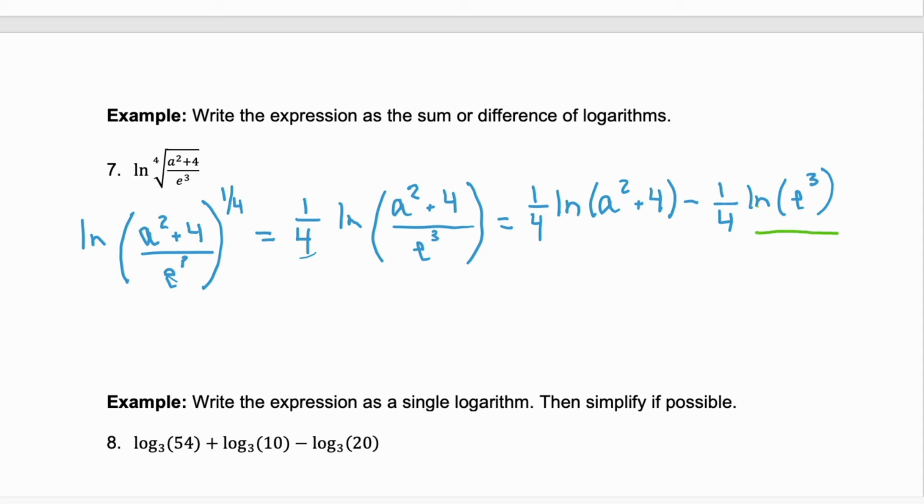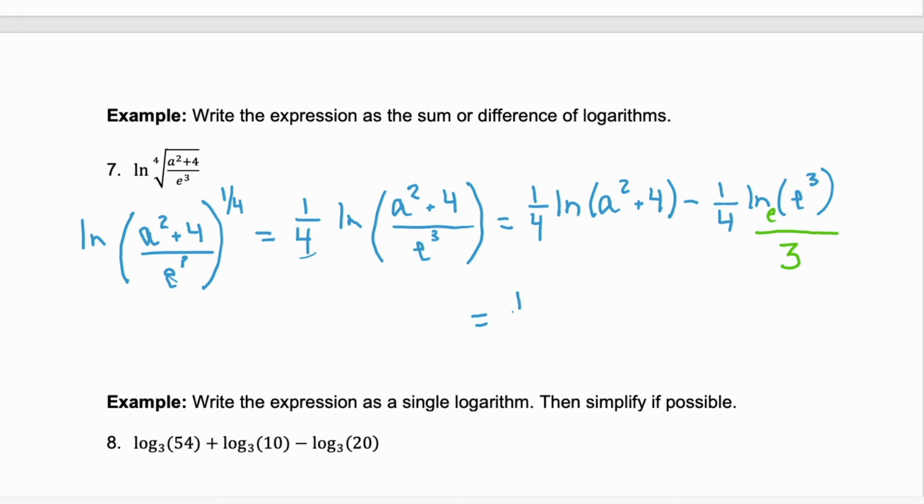The natural log in our expression has an exponent of 3, but it's also an e, and the natural log is a base e. And if the base of your log is the same as the base of your expression, you just keep that exponent of 3.